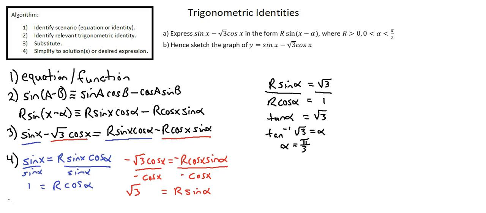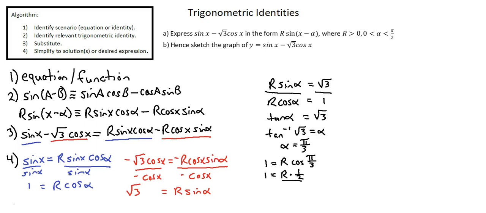And now to solve for r, we can take either our blue or our red equation. We'll take the blue. 1 equals r cosine pi over 3. And again, from your unit circle angle knowledge, you might know that the cosine of angle pi over 3 is 1/2. So 1 equals r times 1/2.